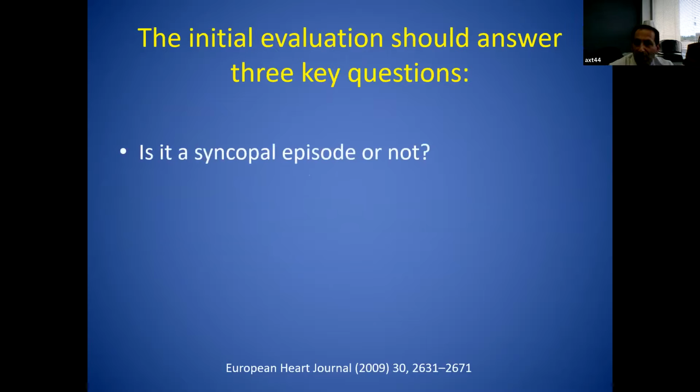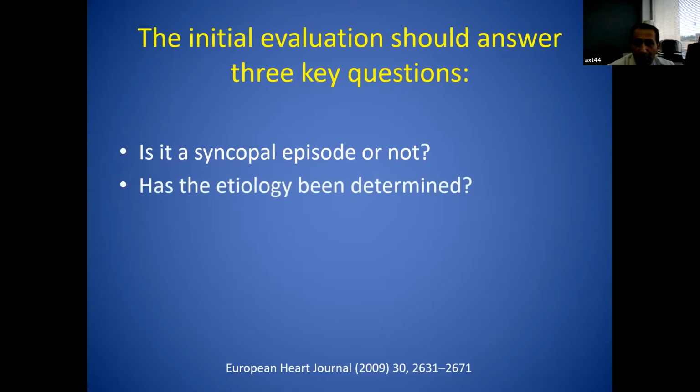Was it a syncopal episode or not? Okay, the story that you get sometimes from the ER, you really have to go down there and interrogate the patient yourself. You need to ask them specific questions. Did you lose consciousness? Do you remember the entire event? Did somebody have to resuscitate you? You have to talk to the patient.